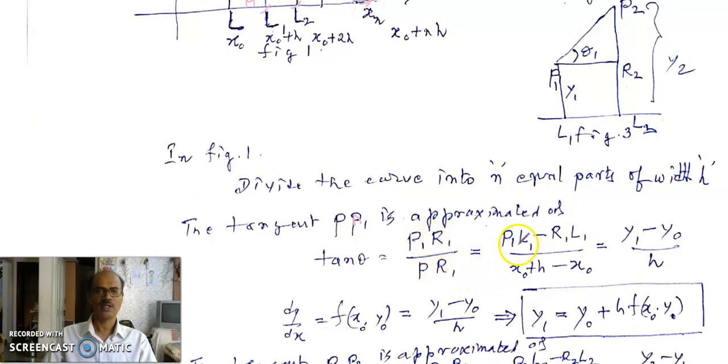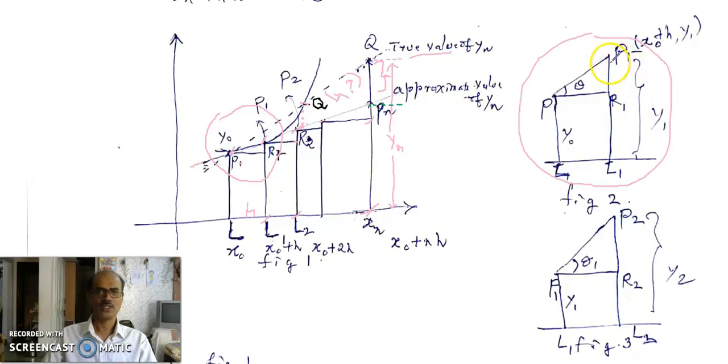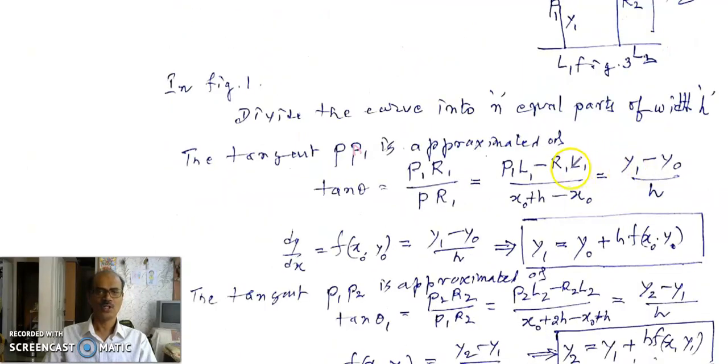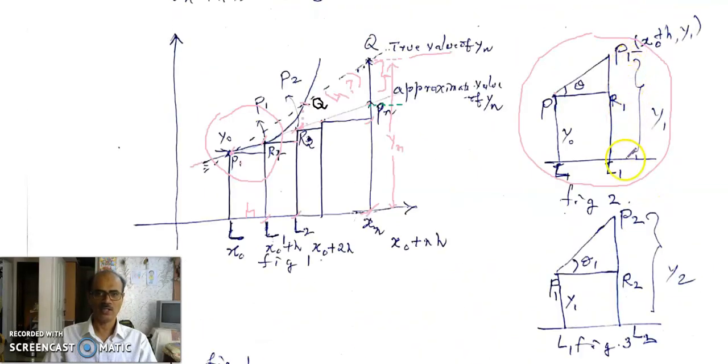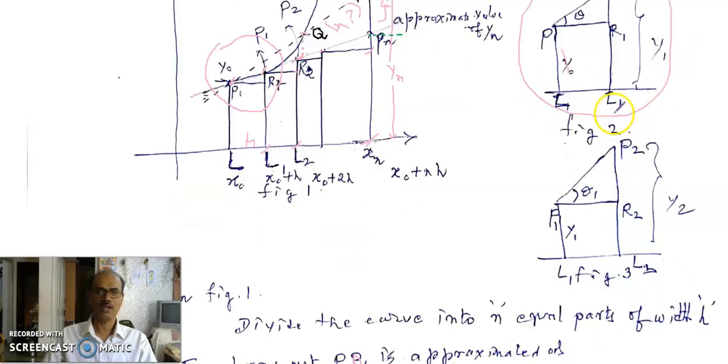We know how to write this distance minus this distance, P1 L1 minus R1 L1, it gives this P1 R1, that is y1 minus y0. We know this is y1, this length is y1 minus y0 gives P1 R1.